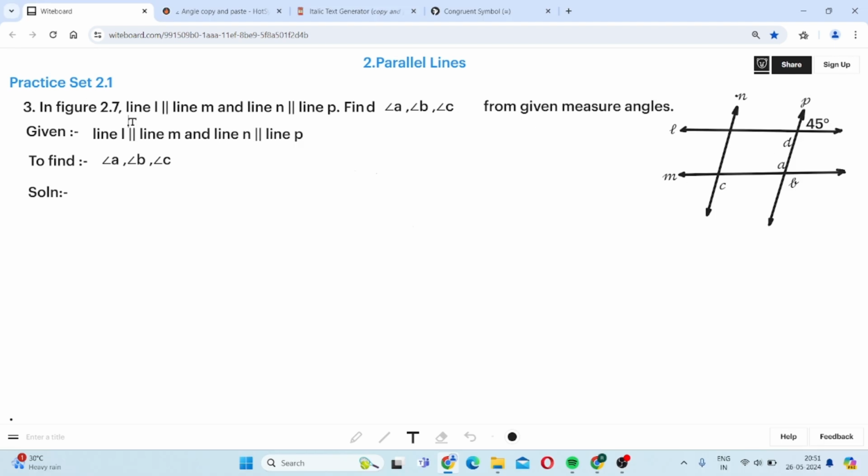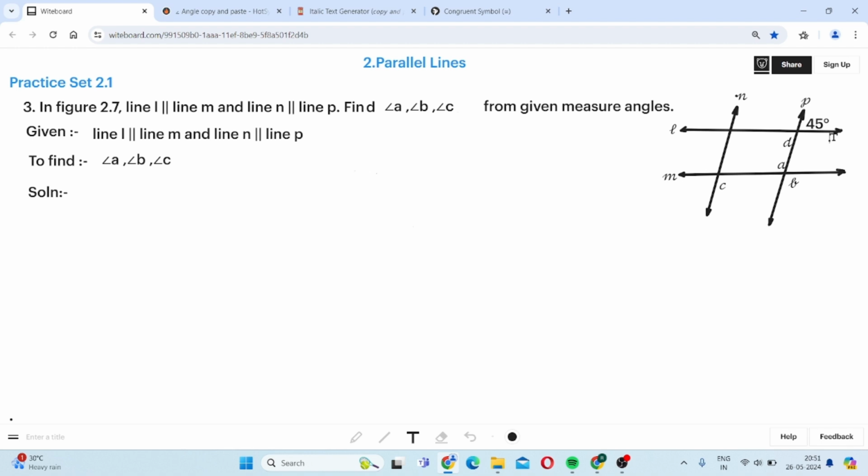The third question of the problem set is: line L is parallel to line M and line N is parallel to line P. Now find angle A, angle B, angle C from the given measured angles. Now here is the figure. In the figure we are given that one of the angles is 45 degrees.